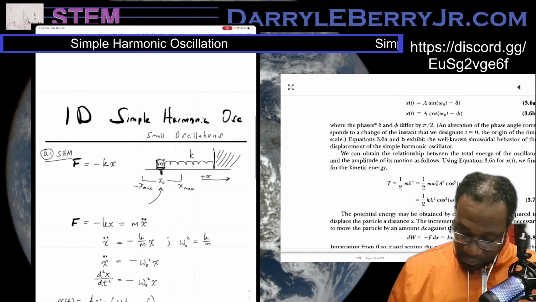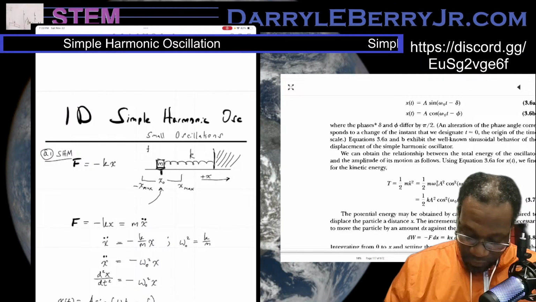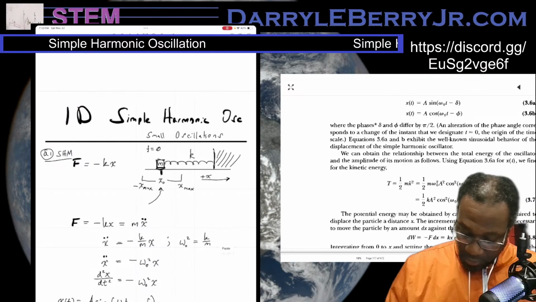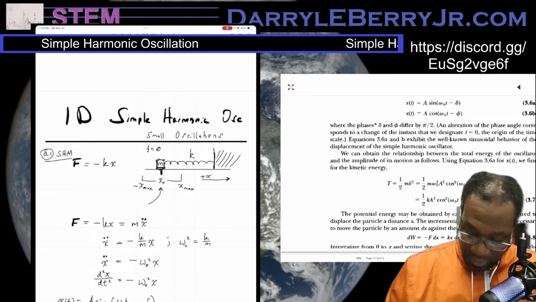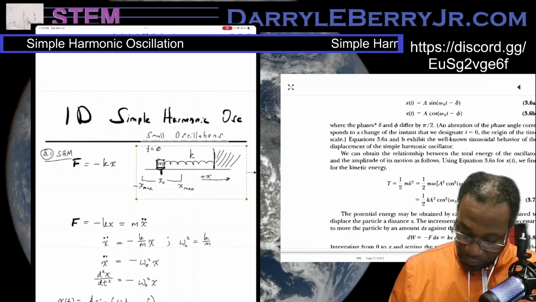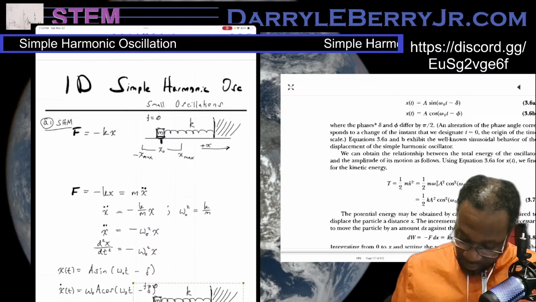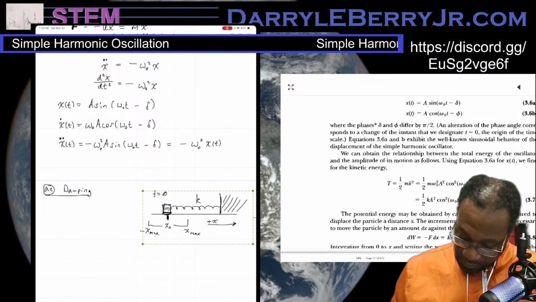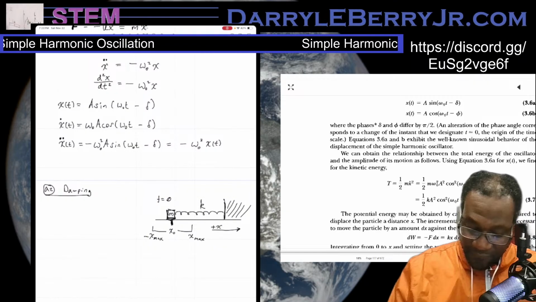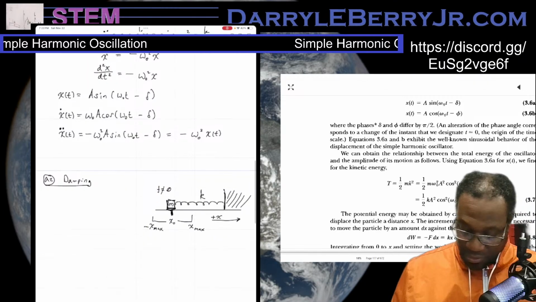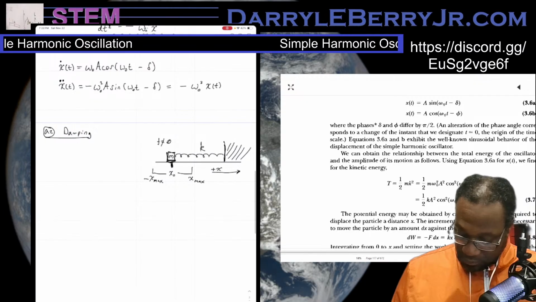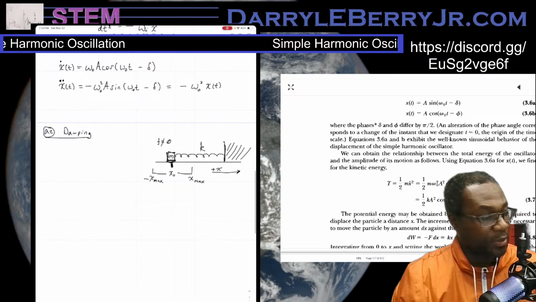So basically, in this example, friction is 0. There's no friction going on. But what if we were to recreate this diagram here, and let's say that friction is not 0. Let's say friction is the damper.